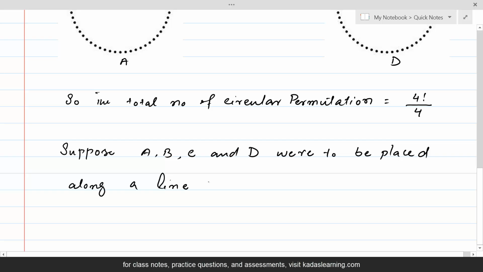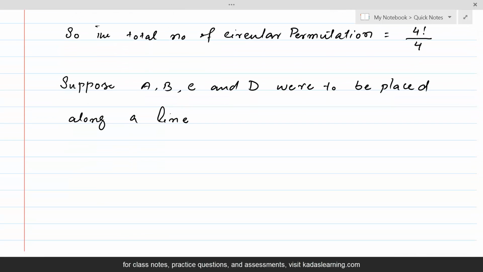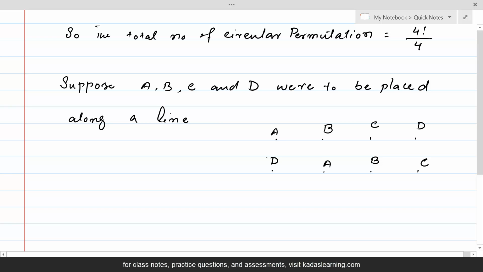If that was the case, then by placing A, B, C, and D, if we move A toward right, here this would be A, this would become B, this would become C, and this would become D. This is certainly not the same arrangement because now the relative position is not the same anymore. That's why these two are called different permutations.